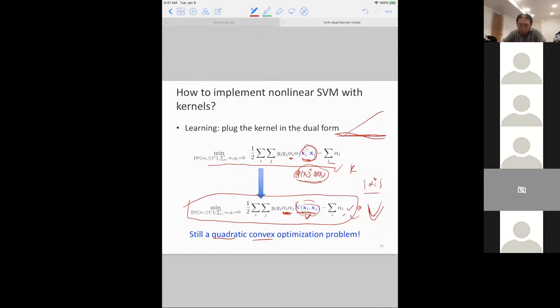Be careful at this point, right? This one corresponds to the inner product between phi(x_i) and phi(x_j). It is equivalent to saying, I'm going to first do the feature mapping over all the training inputs, and then on these mapped feature vectors, I train SVM. It's different from not doing any feature mapping and training SVM in the original space. This is totally different.